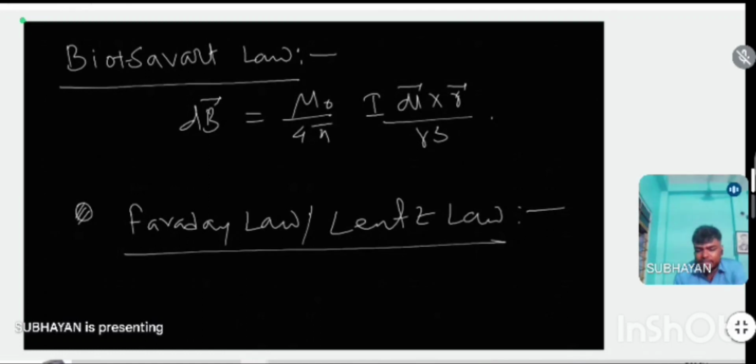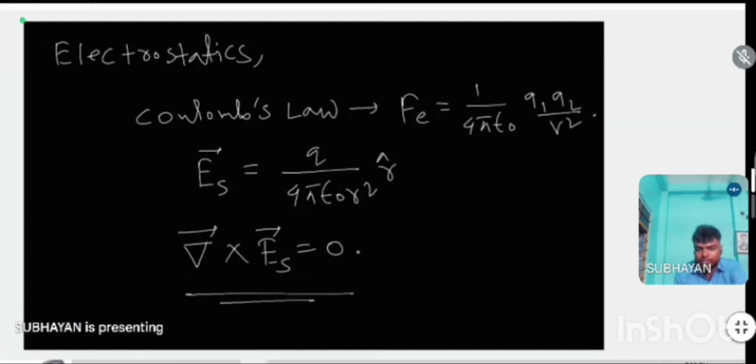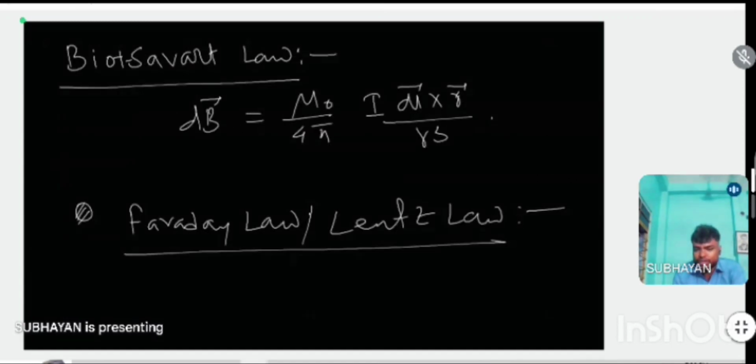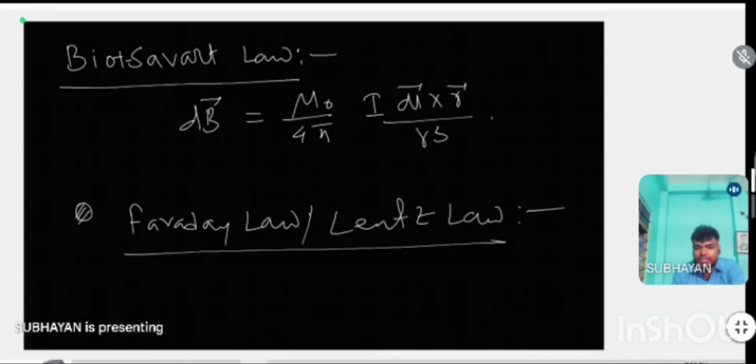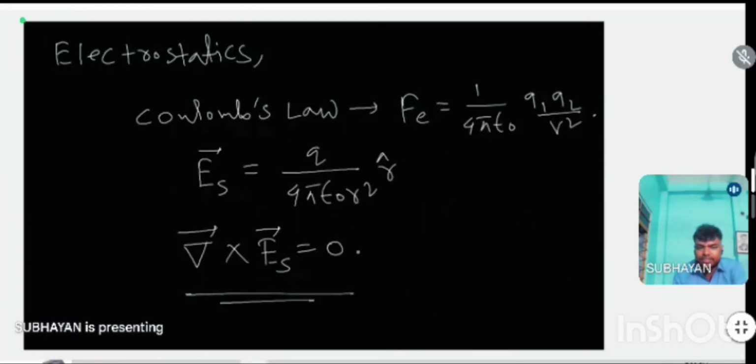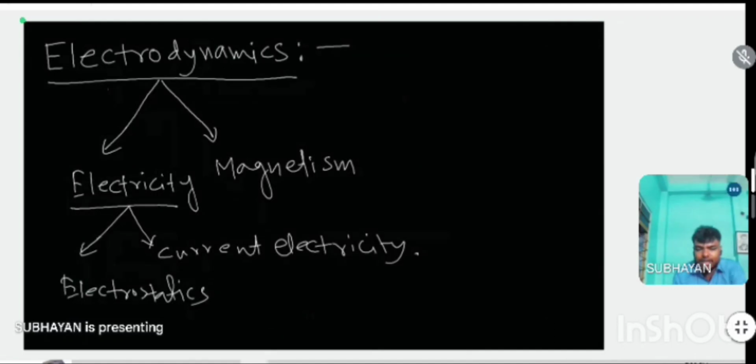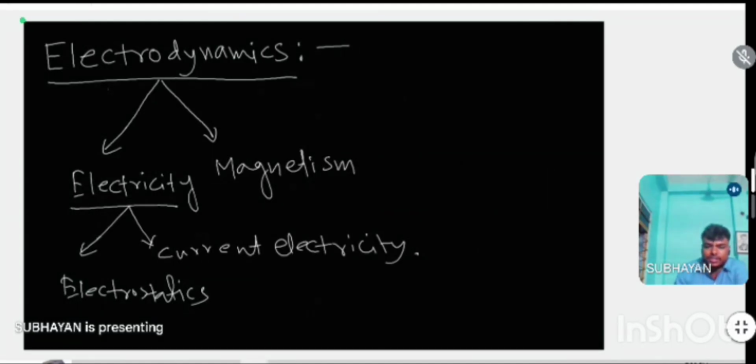Electrostatic field is a conservative field: the curl of the electrostatic field is 0, it is irrotational. But in general, if a charge is moving, then the corresponding electric field will not be conservative. A moving electric field can produce a magnetic field, so there may be some interaction between electric field and magnetic field. Assembling all these things, you can construct the laws of electrodynamics.